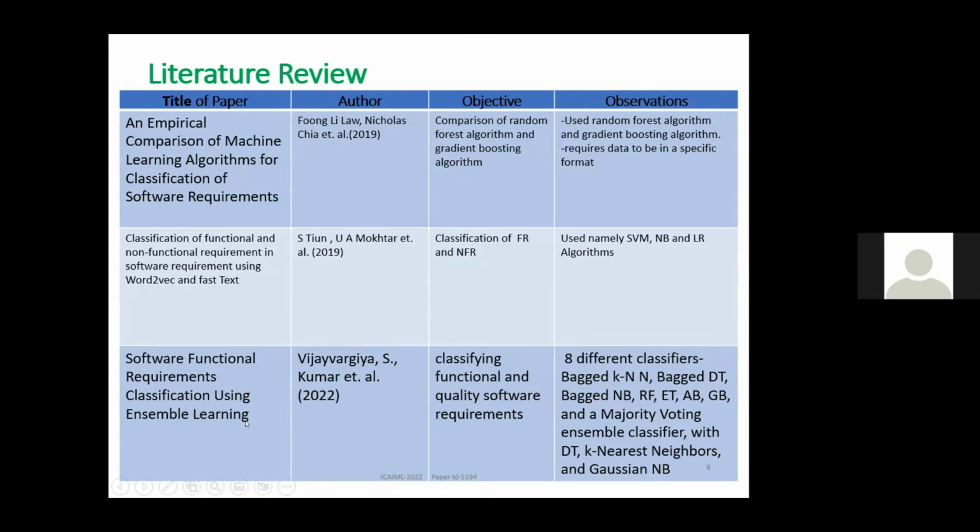In the next paper, written by Vijay, they have used 8 different classifiers and an ensemble learning approach. No doubt this is a very good way to compare and find the best algorithm, but the requirements are only restricted to the functional requirement. Non-functional requirements are not taken care of by this paper.